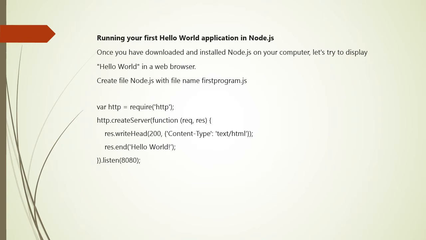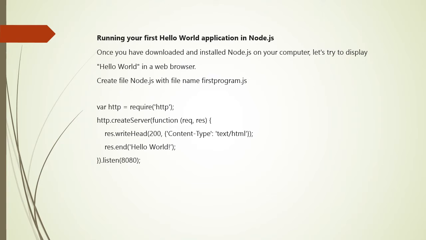Consider the second line. We are creating a server application which is based on a simple function. This function is called whenever a request is made to our server application. When a request is received, we are asking our function to return hello world response to the client.